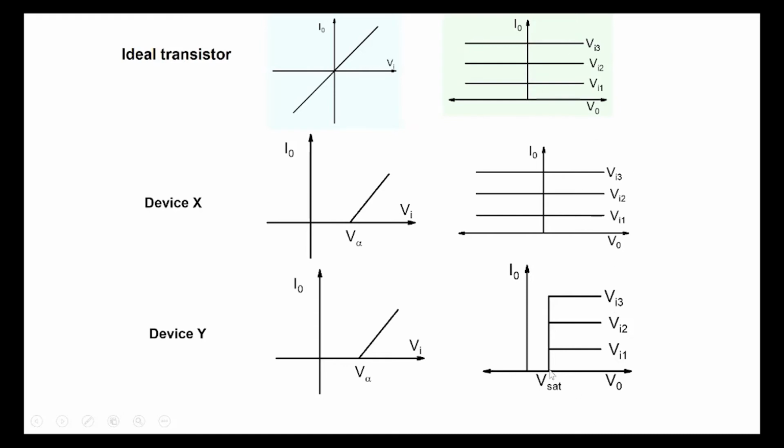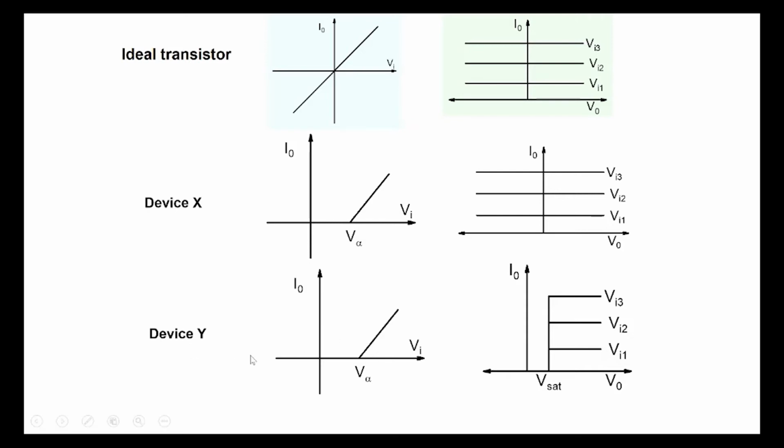But for V naught less than Vsat, well, we have zero current, and we have no current for negative V naught also. So we have now two non-idealities. We have a non-ideality in I0 versus Vi characteristics, and we have a non-ideality in I0 versus V0 characteristics. And the issue is, if we are given a device like this, how do we build an amplifier here?